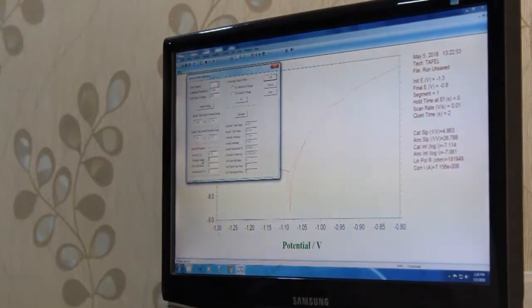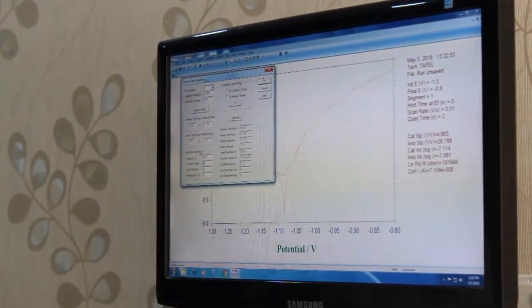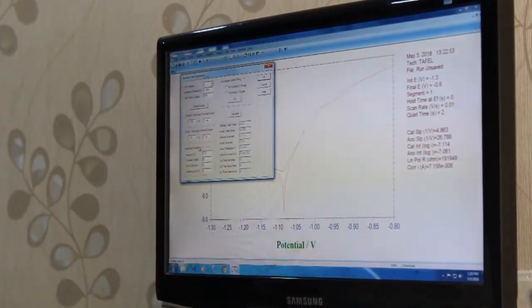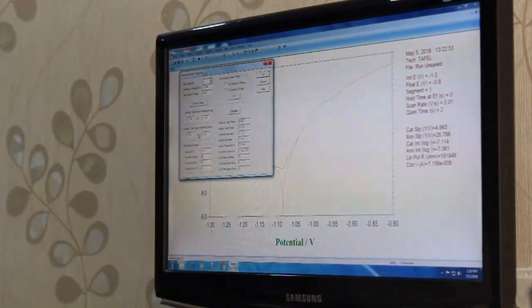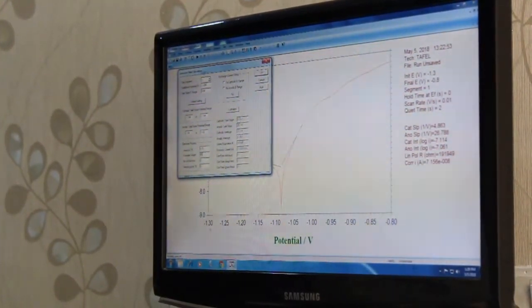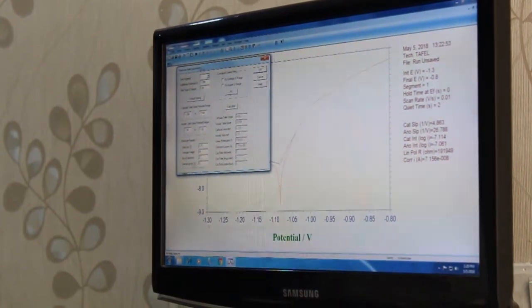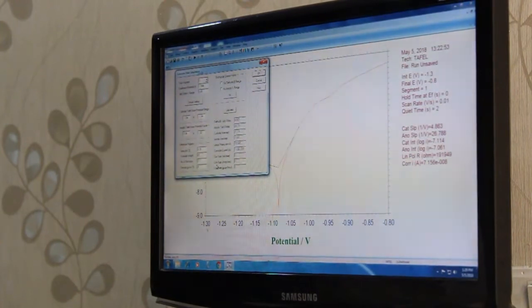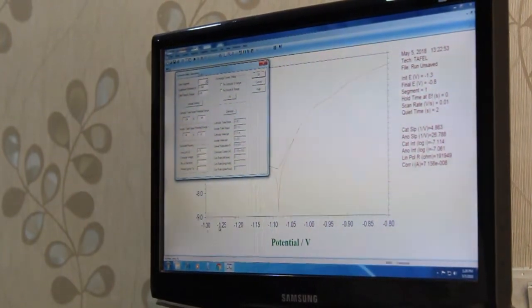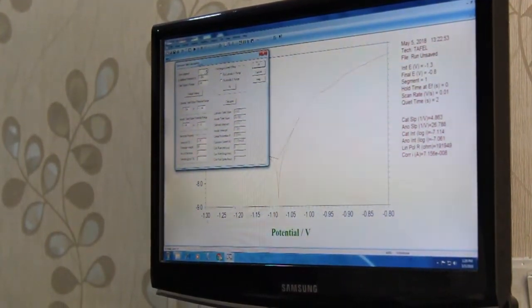Formula weight of that, is it zinc or what? Which metal is it? Zinc only. Zinc, the atomic weight, I am assuming it is 65. It's a 2 electron oxidation. And what is the density of zinc? Anybody has an idea? 5.6?